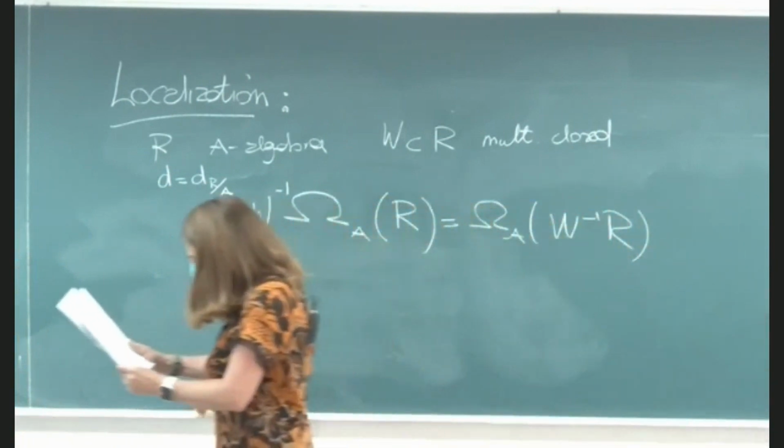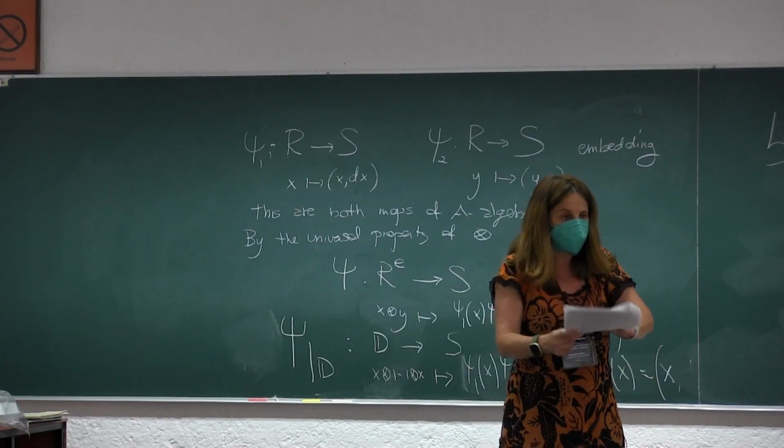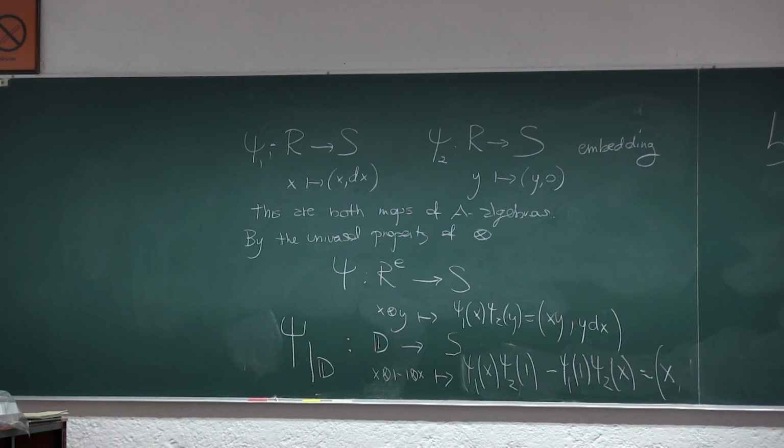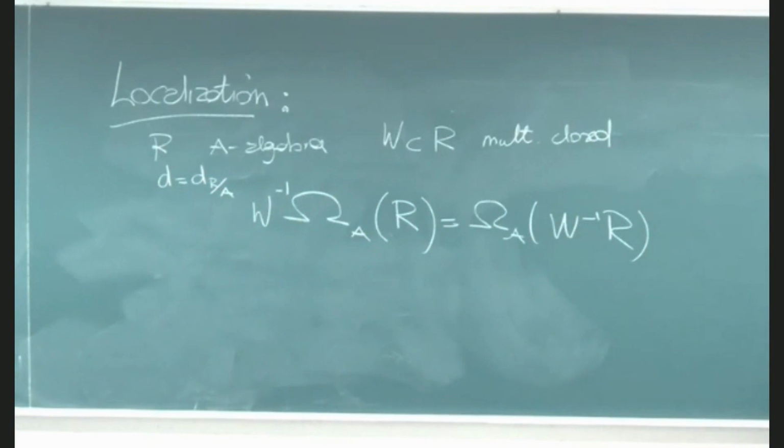And now I want to go to a description, using this fact, of the module of differentials in terms of generators and relations. And I'll write this in the precise case in which R is essentially of finite type over A. Which means that after localization, you just have a polynomial ring in finitely many variables divided by an ideal, which is finitely generated, obviously, because it is an ideal of a polynomial ring in finitely many variables.